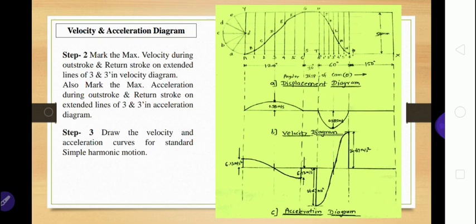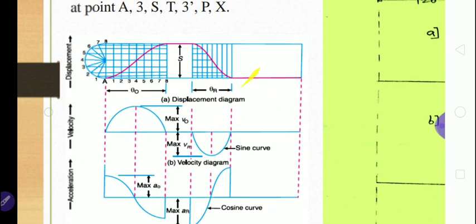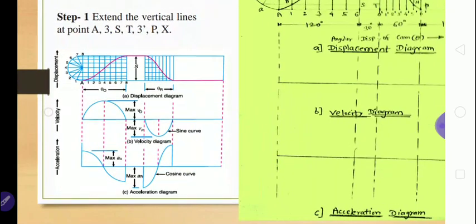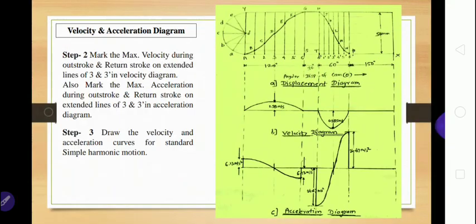In these extended lines, just plot the maximum velocity during outstroke and return stroke with a suitable scale. Similarly, plot the maximum acceleration during outstroke and return stroke. Plot these two points also and represent the nature of the curve same as that in this standard diagram. Just remember the standard nature and draw it into the actual problem by finding the maximum velocity and maximum acceleration. This is the last step.